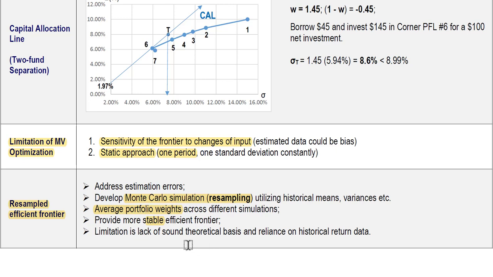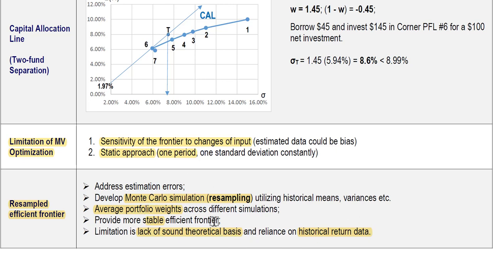Of course, even though this way can resolve the instability of the efficient frontier or optimal allocation, it still lacks a theoretical basis, it's purely a numerical approach, and it's also based on historical return data. So this still has some drawbacks.